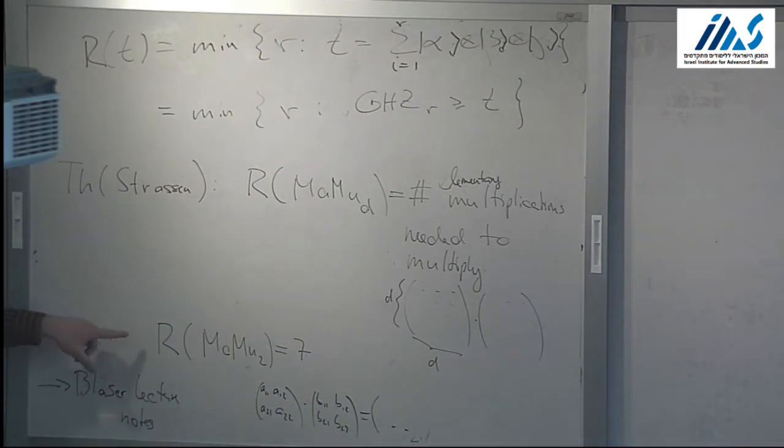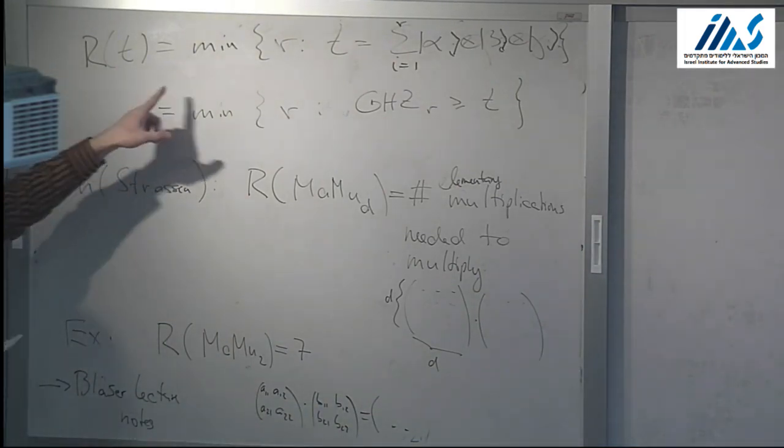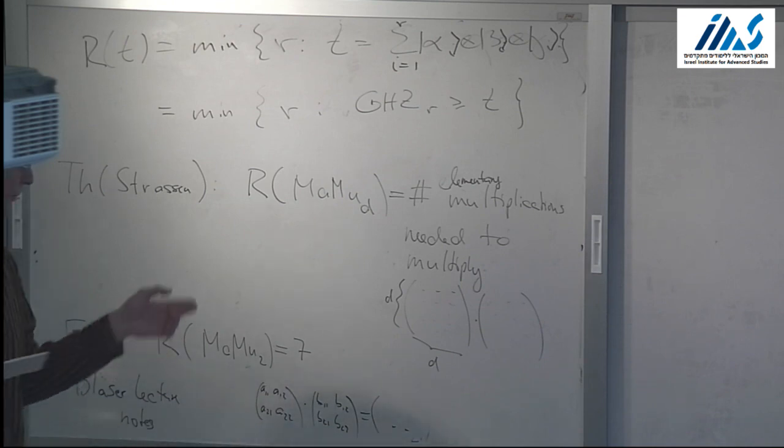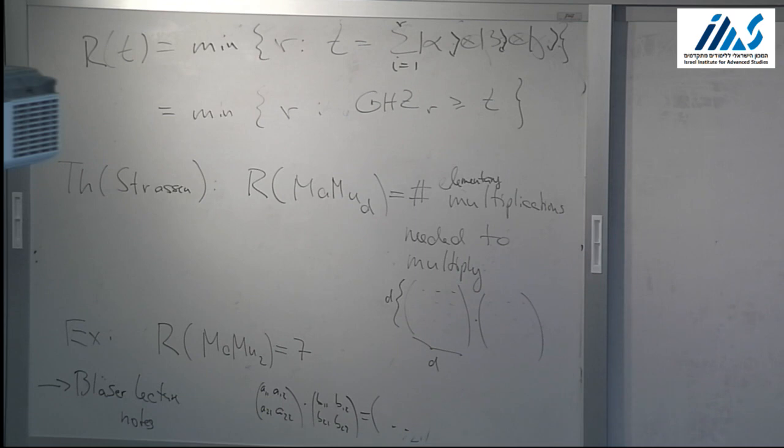So what I showed last time was the rank 7 decomposition of this matrix multiplication tensor, which then means that you can multiply, according to this theorem, 2 by 2 matrices with 7 multiplications, which is kind of remarkable because normally you would need 8. Good. Did anyone verify that what I wrote down was actually true?